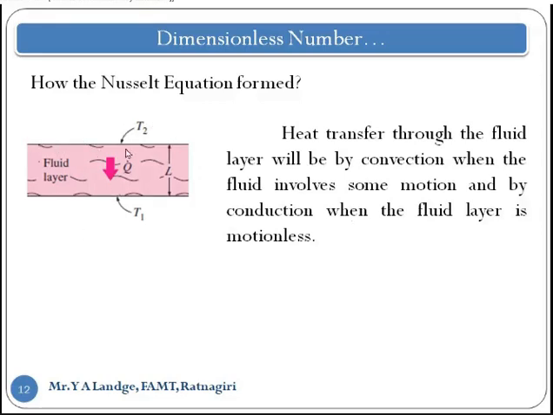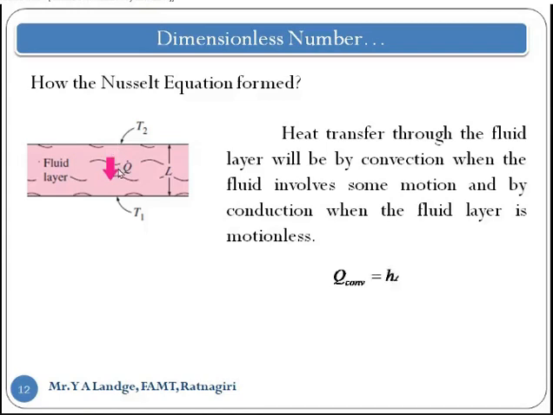Consider two parallel plates having different temperatures. T2 is the higher temperature, T1 is lower. That's why heat is transferred from plate 2 to plate 1, as I showed you in the last slide. The distance between these two plates is L, and heat is transferred from this plate to the air.